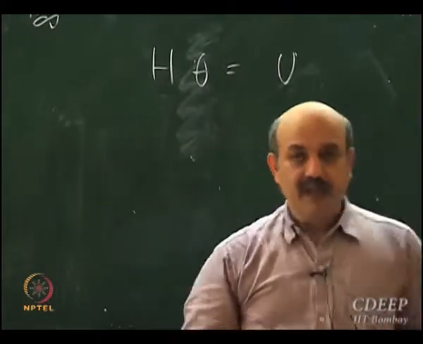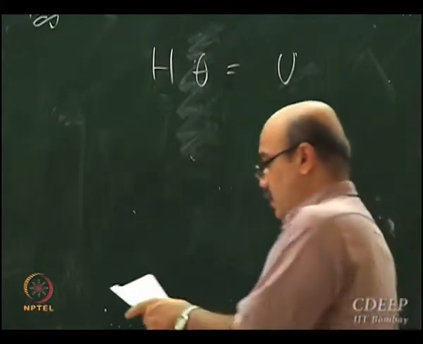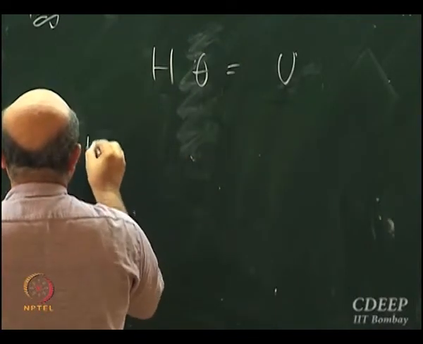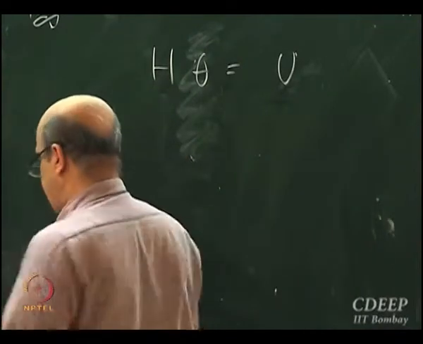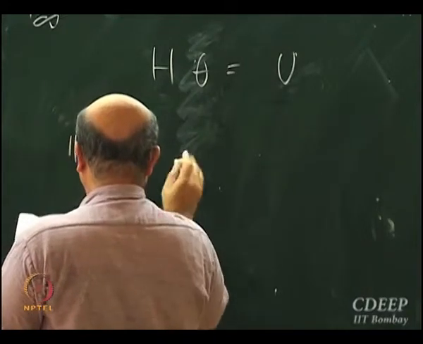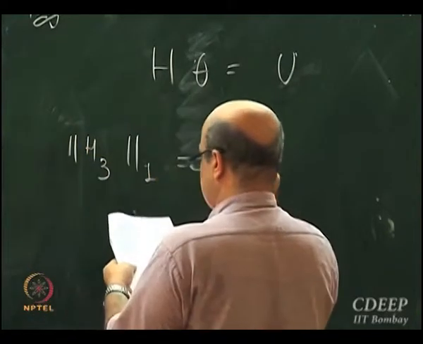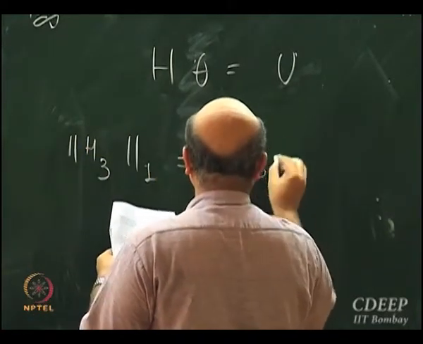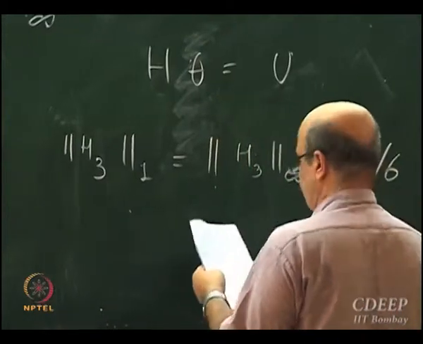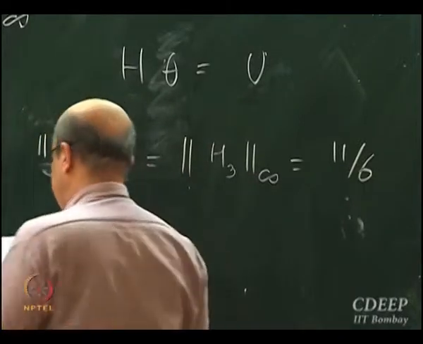Now for this simple matrix, I am going to call it H3 because it is 3 cross 3. You can show that its one norm is the same as its infinite norm, which is 11 by 6. For this simple matrix you can compute the inverse, even by hand, and get the exact solution.